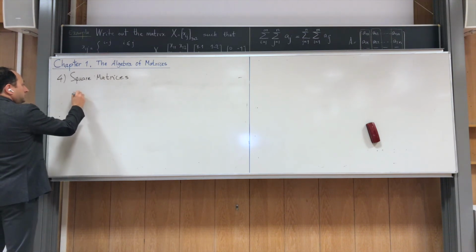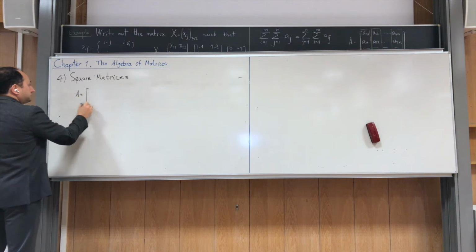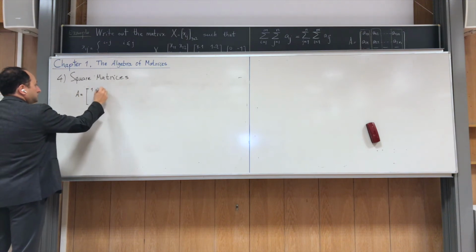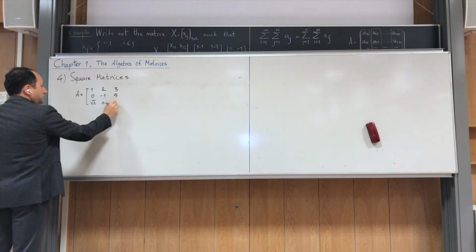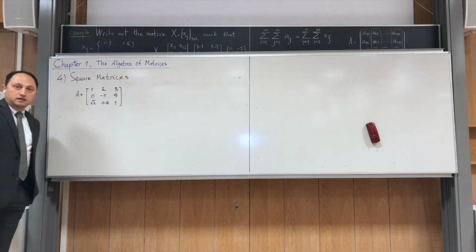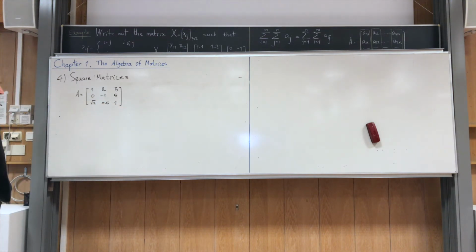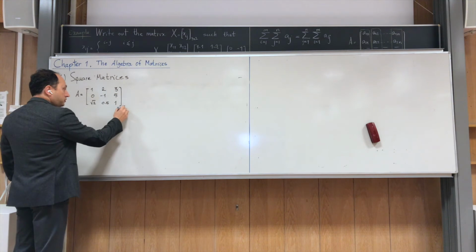For example, A equals 1, 2, 3, 0, minus 1, 5, square root of 2, 0, 5, 1 is a square matrix, a 3 by 3 square matrix.